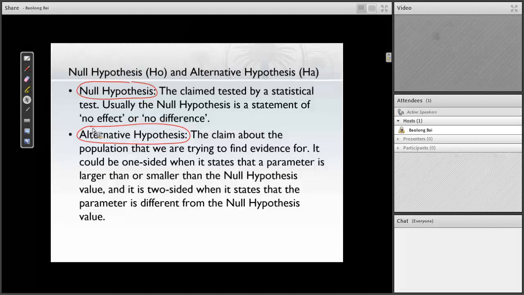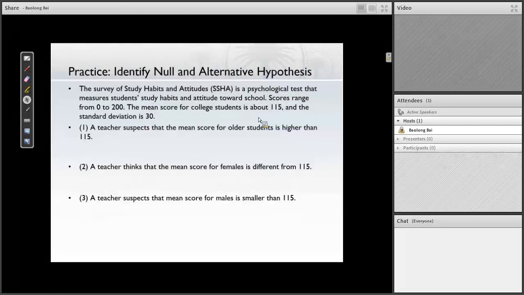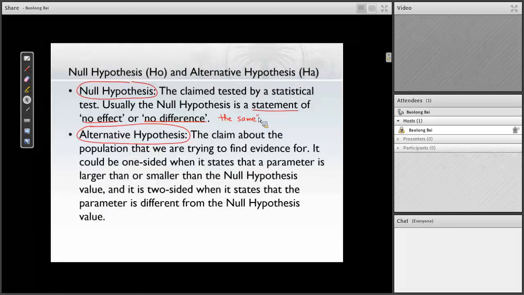So then, what's the difference between the null hypothesis and the alternative hypothesis? The null hypothesis is a claim stating something being no effect, no difference, or basically the same. If you're stating something is the same as something else, that's a null hypothesis.